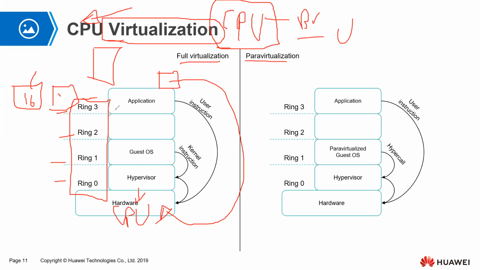Think of these as privilege levels, just like creating accounts on your computer, where this one is an administrator and this one is not, and there are just 4 of them. The application runs at ring 3, which is the least privileged, and the operating system runs at ring 0, which is the highest privileged.